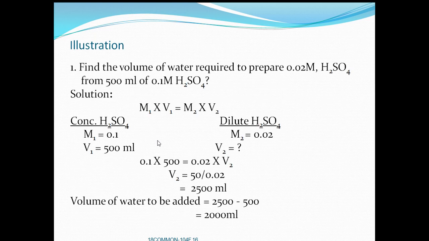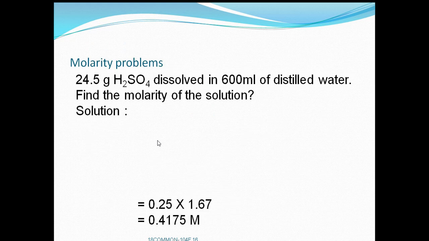Next, some problems we calculated based on the dilution law. In this problem he gave some values and asked for some volume. Using that, we can simply calculate how much water is added by using V2 minus V1. Then another problem, a molarity problem.